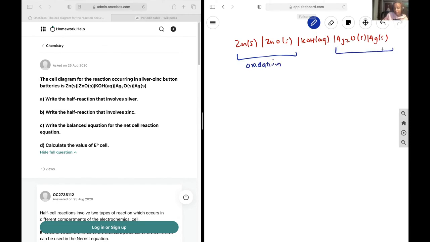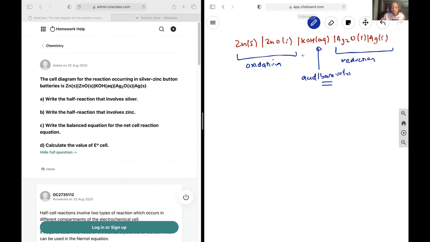The right-hand side of it represents reduction. And what is in the middle is whether we're using an acid or base solution. So you can note it down when you're writing the half reactions, what you're providing the hydrogen ions with. And so in this case, of course, we'll be using a basic solution because KOH is a basic solution.